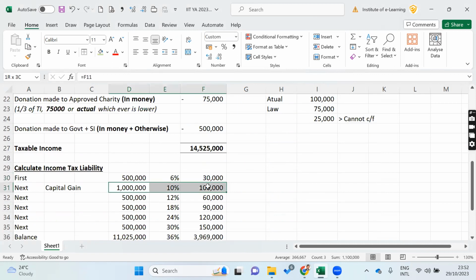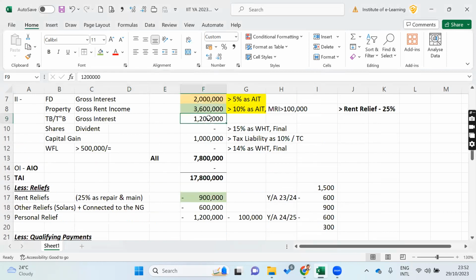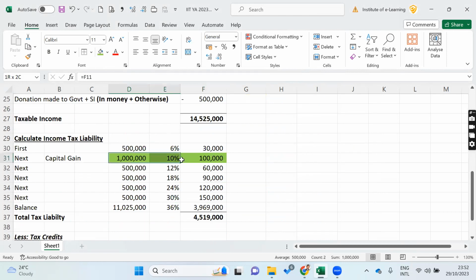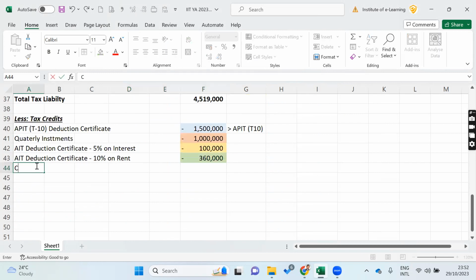Then here also we have taken that, right? Here we have declared the gross, whatever the capital gain. Here we have considered for tax purpose separately, and capital gain tax already paid at that particular time.